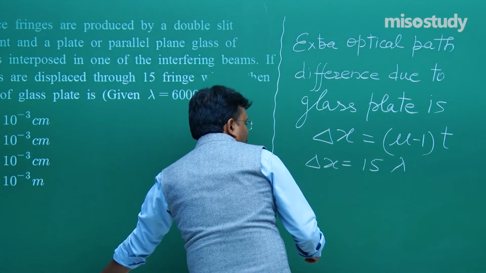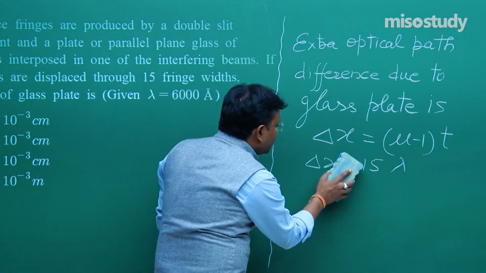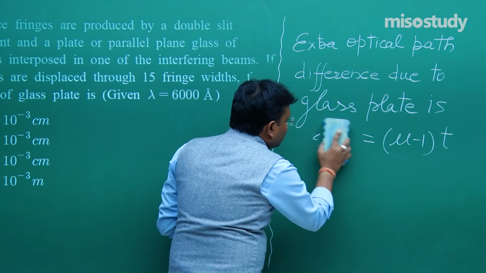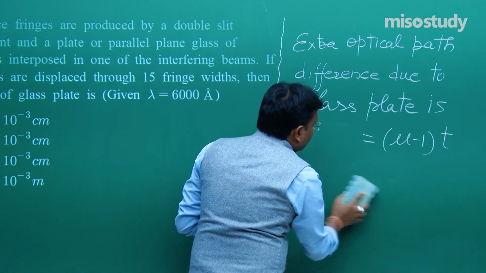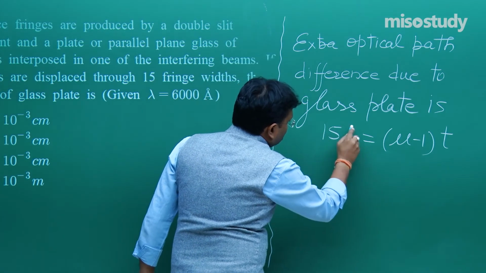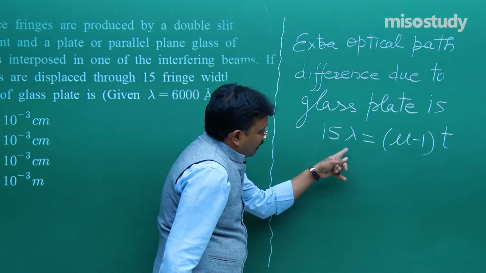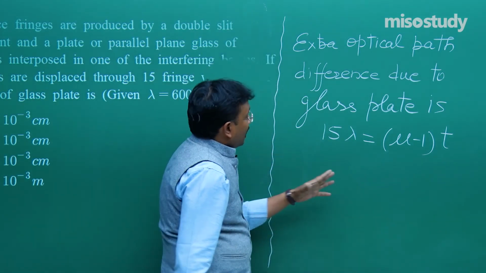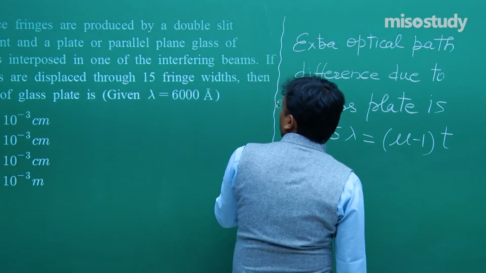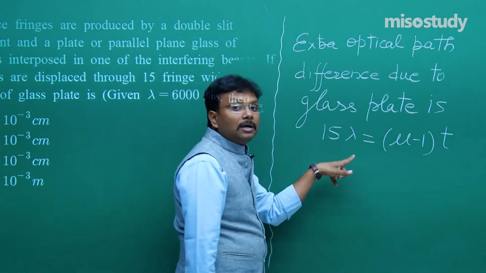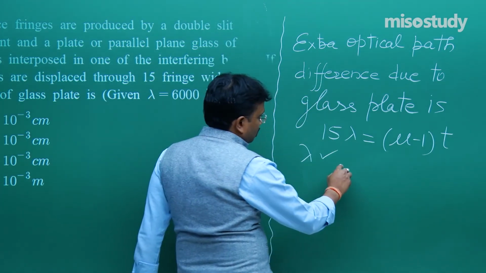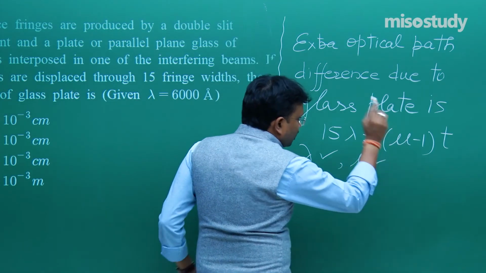So I will replace this value here itself. 15 lambda. Initially I thought to do it, but I think it is better to explain it. Now, 15 lambda is equal to this much. Mu is given to you, t you have to find out, and lambda is also given.